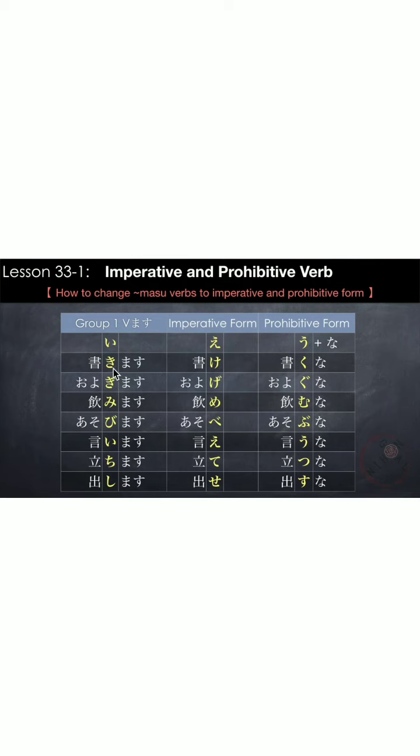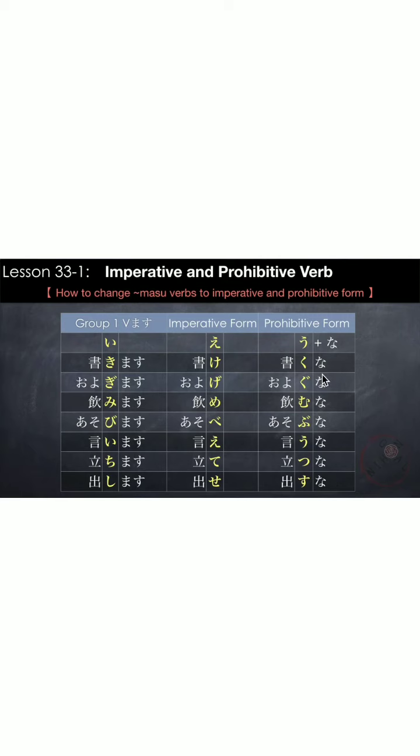So ki becomes ke. Kakimasu, we remove masu, change ki to ke, and we have kake, meaning write, in a command form. And to make it into prohibitive, we change it to plain form. So from kakimasu, it becomes kaku, and then we add na, kaku na.